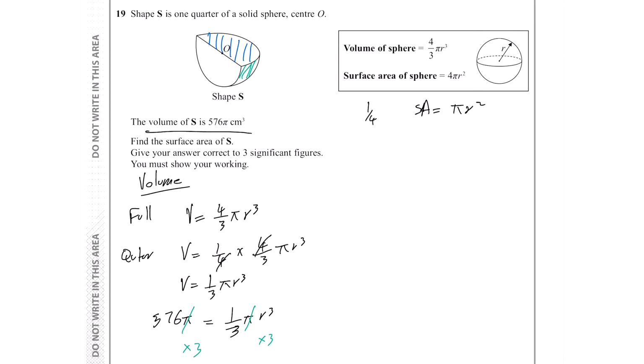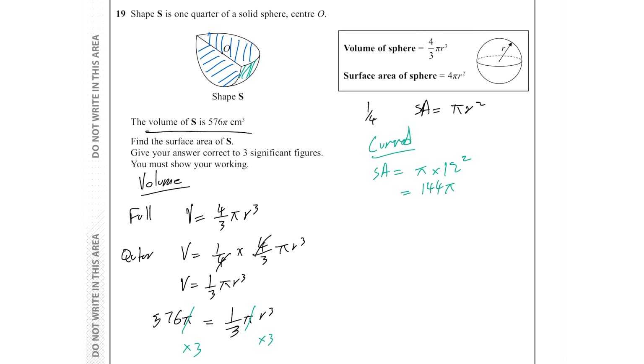This face and this face need to have the surface area calculated as well separately. So if you focus on the curved face in green, I'll just write the word curved here. For the curved bit, we have the surface area equal to pi times 12 squared, which is 144 pi.